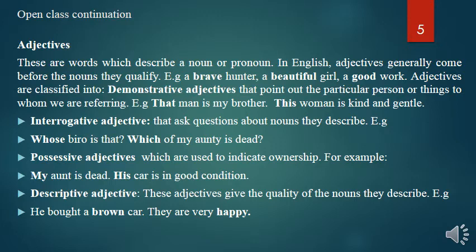The brown there is describing the type of the car or the color of the car. They are very happy. Happy there is a descriptive adjective because it is qualifying the noun in the sentence, or rather the pronoun they in that particular sentence.